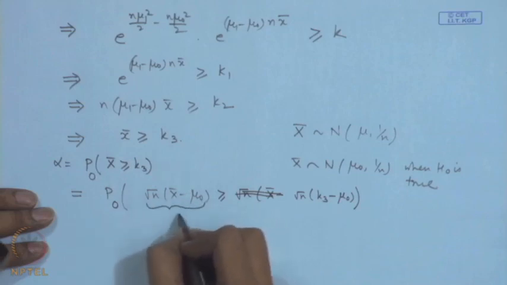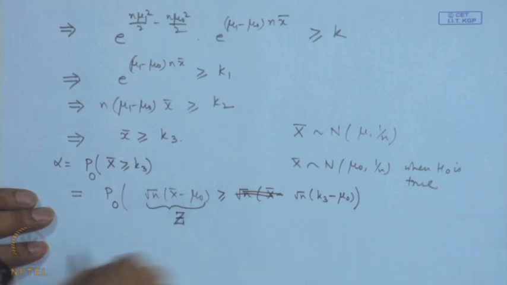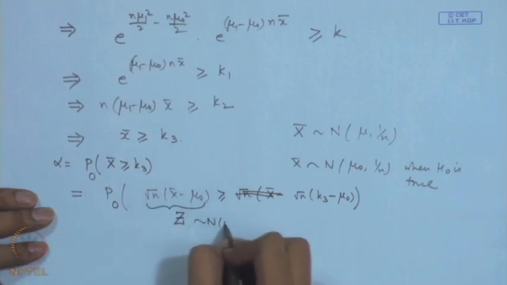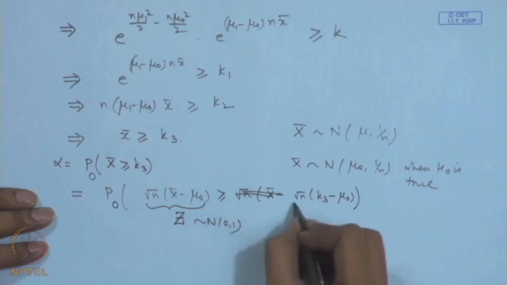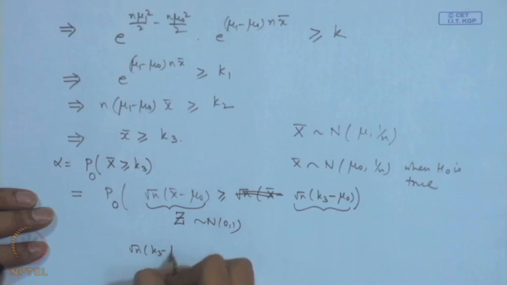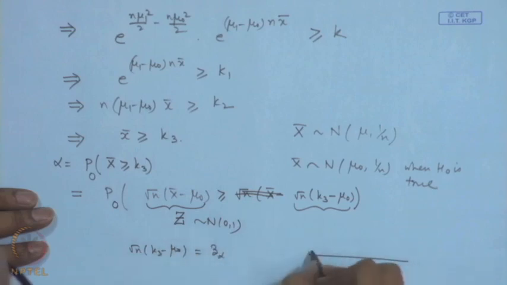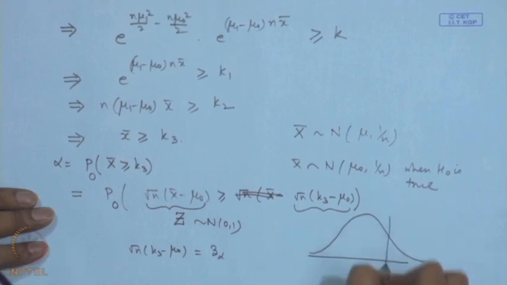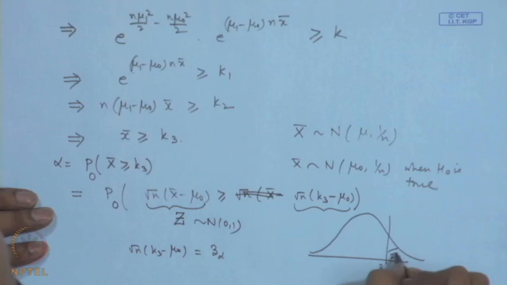When mu is equal to mu naught, this is following a standard normal distribution. So, this value root n k 3 minus mu naught is nothing but the z alpha value, where z alpha denotes the upper 100 alpha percent point on the standard normal distribution.